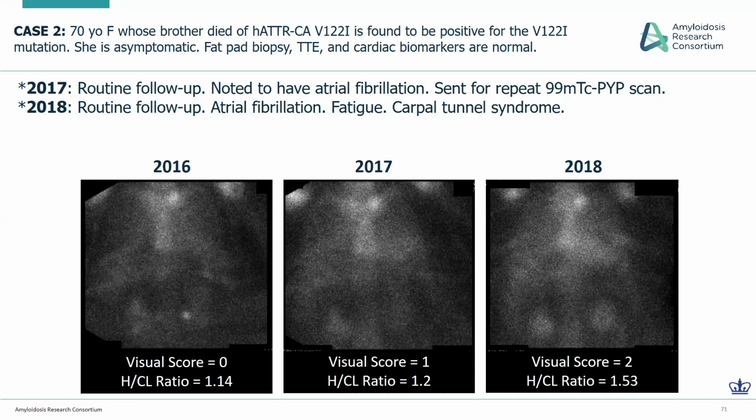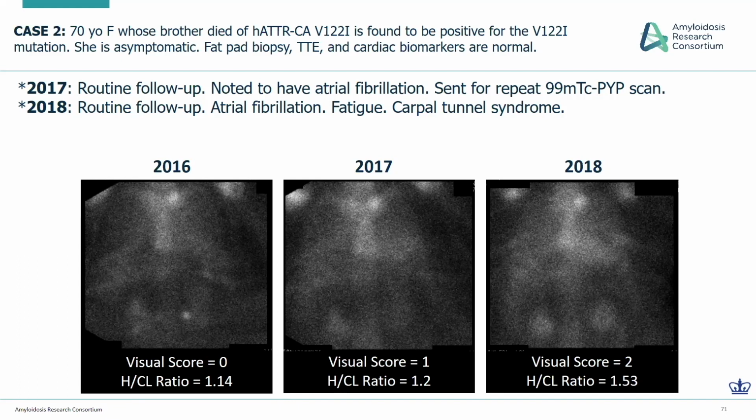Yeah, and this is a good example of what people are beginning to do without, I'd say, hard data, that is trying to identify the earliest cardiac effect of TTR in allele carriers of a mutation by doing serial PYP scanning. Obviously, we don't know how frequently to scan individuals, though the radiation risk is, in my opinion, pretty low.